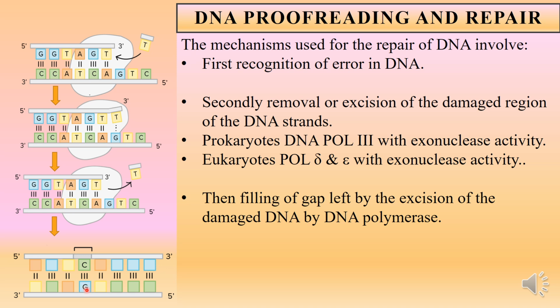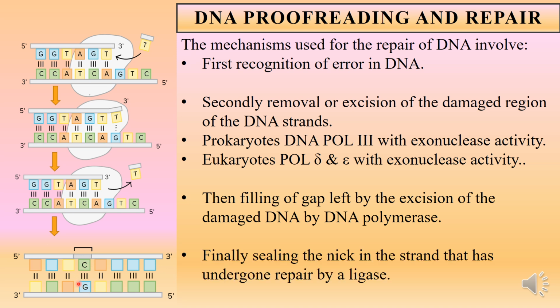So you can see that guanine is attached to cytosine. And once that is attached, finally sealing the nick in the strand that has undergone repair is done by ligase. So this is how the DNA proofreading mechanism occurs, and it repairs the incorrect base pairing which occurs in normal replication processes.